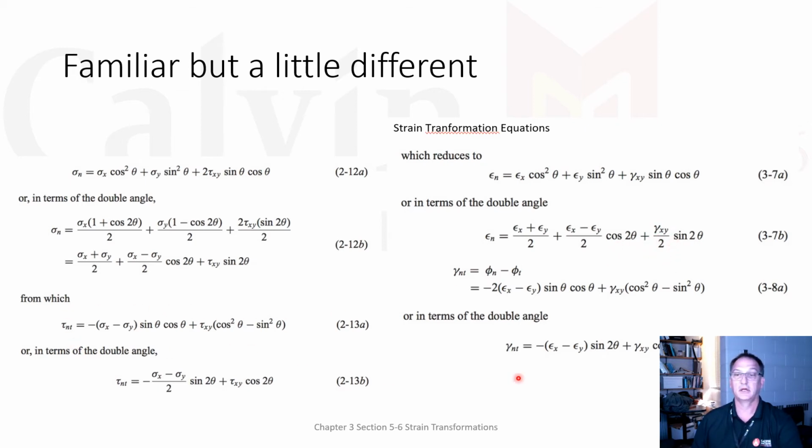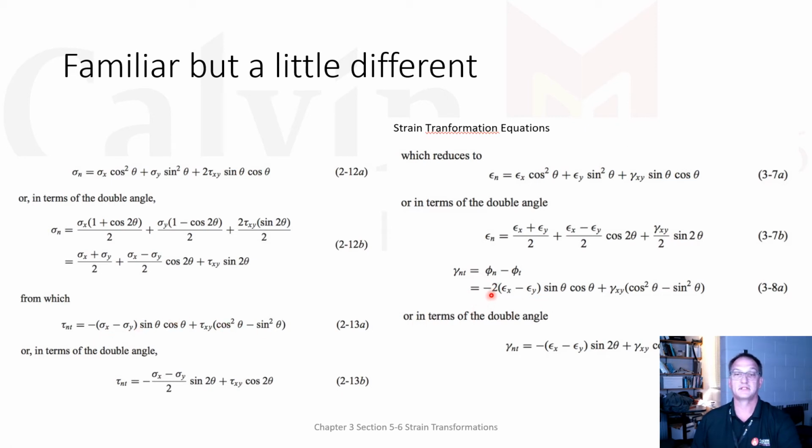Similar down here, the double angle had gamma, the shear. This is now the shear strain is equal to, and there's a 2 there that is missing here.